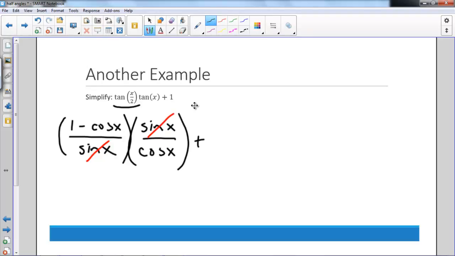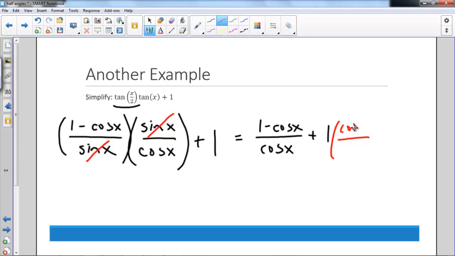And I still have that plus 1 over here. Don't want to forget that. So now this is going to simplify to 1 minus cosine of x over cosine of x plus 1. Now I'm going to change this 1 into cosine x over cosine x, so that way I can combine my two fractions.